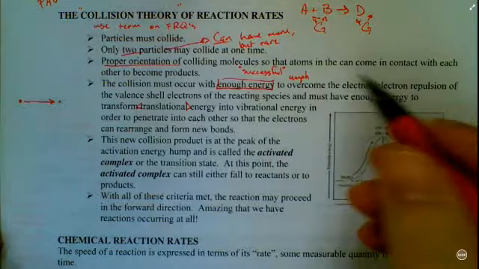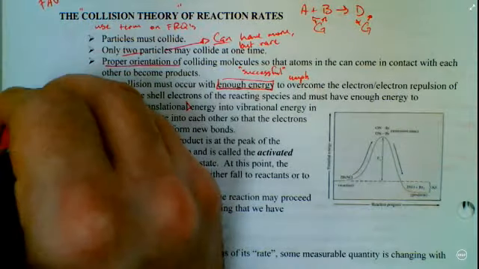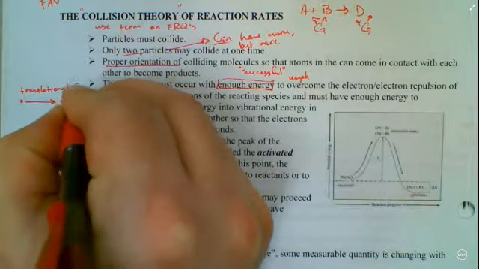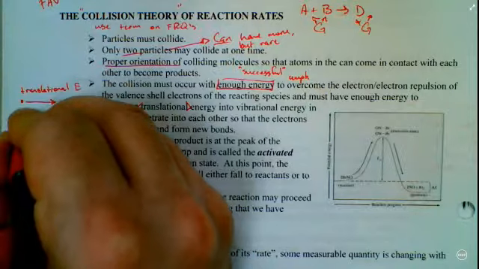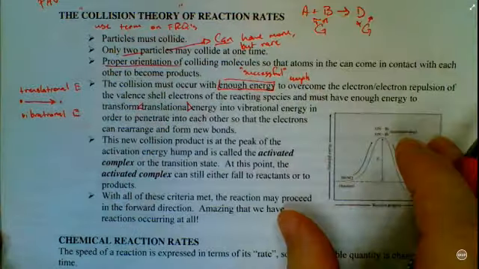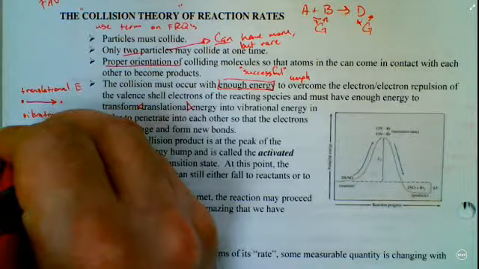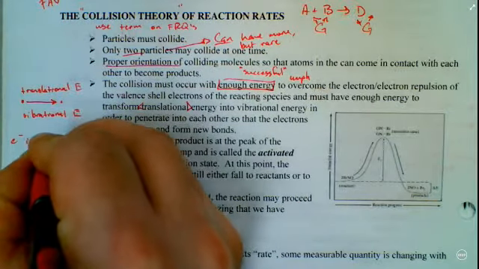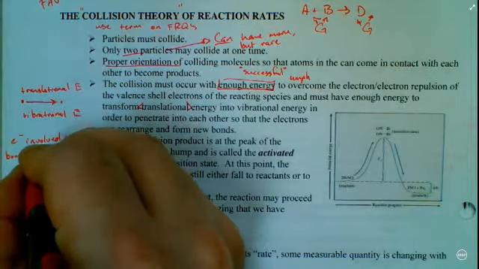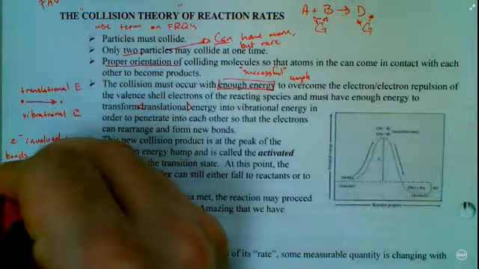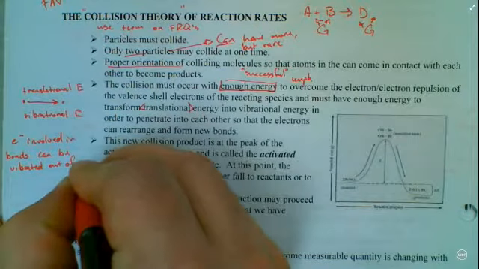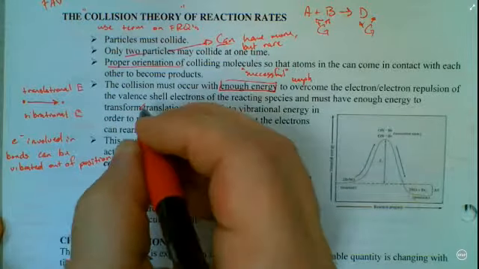Vibrational energy, the reason we want to take this translational energy and turn it into vibrational energy is because electrons involved in bonds can be vibrated out of position.